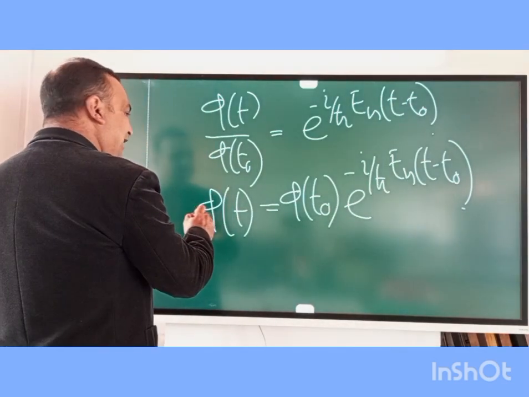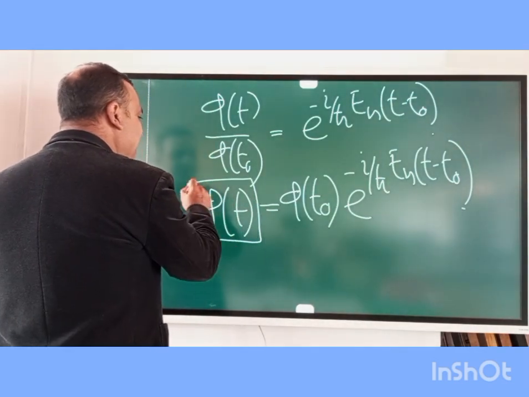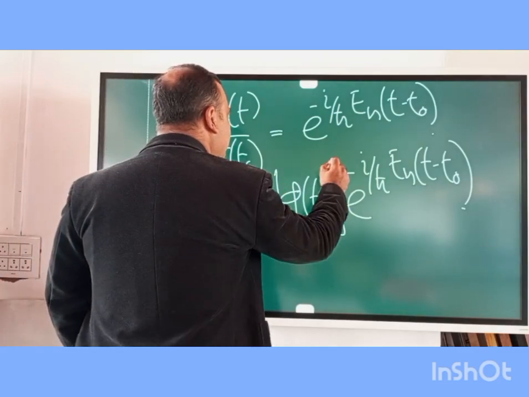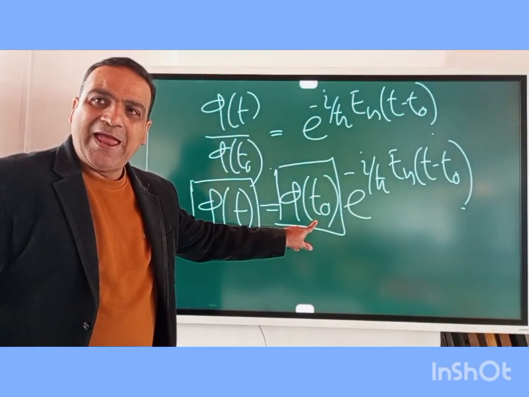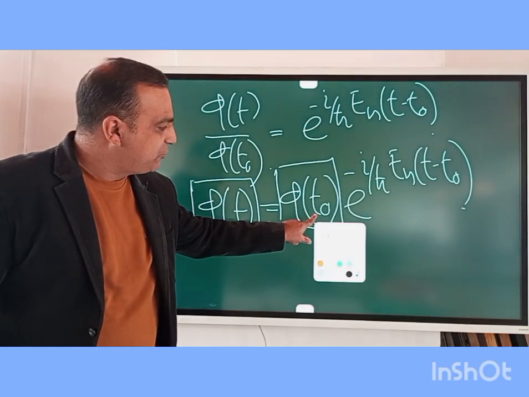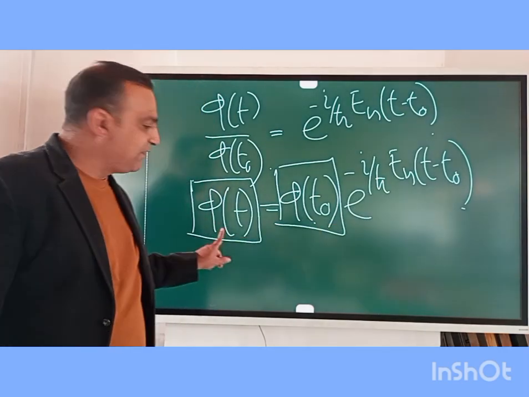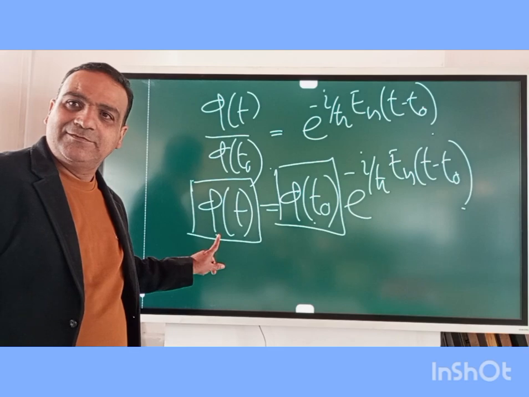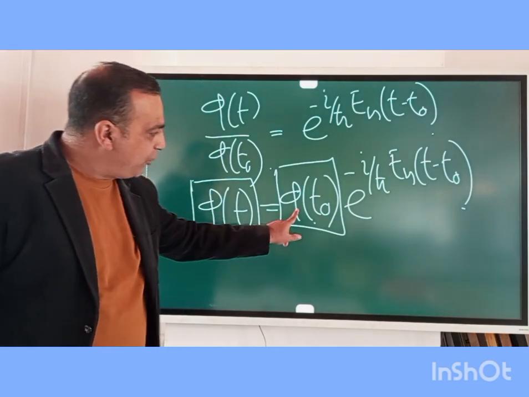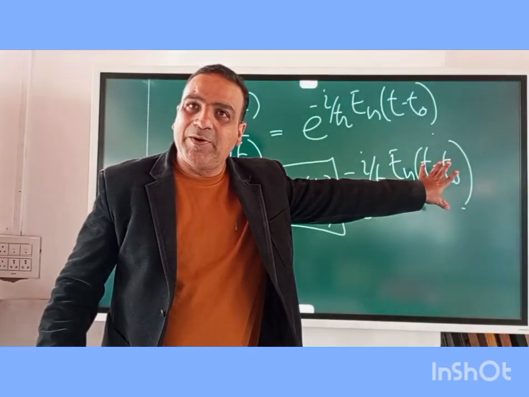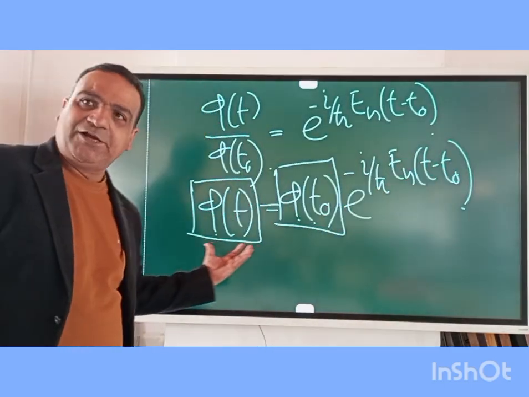So you can correlate this φ(t) with φ(t₀). This is your present, this will give you the future. When you operate this present by this operator, it will give you the future.